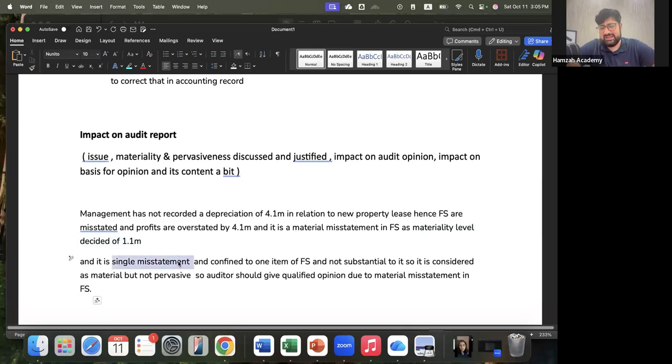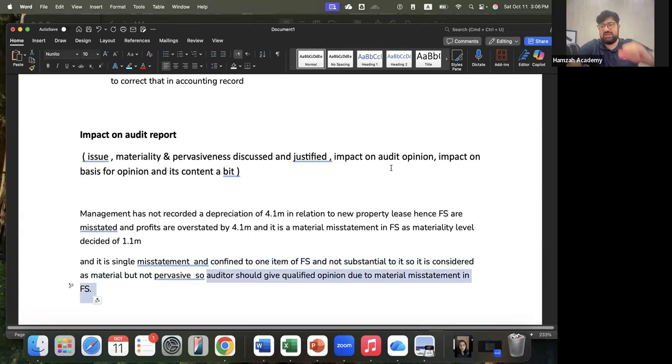It is a single misstatement confined to one item, not separate, and one item is not substantial. This is the logic which is giving the verdict: it is not pervasive. So the misstatement is material but not pervasive, so a qualified opinion due to material misstatement in the financial statements will be given.